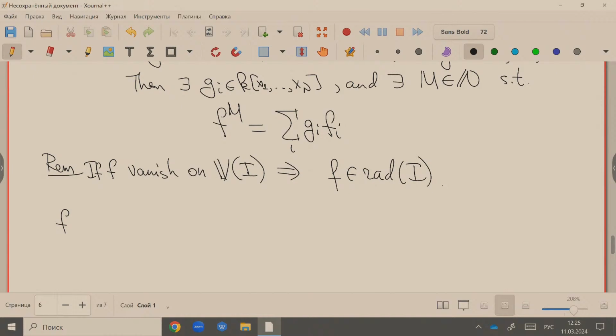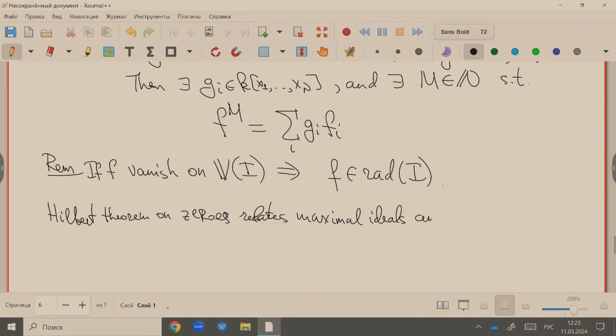Hilbert's theorem on zeros relates maximal ideals and coordinate points. Yeah, so let us discuss it.